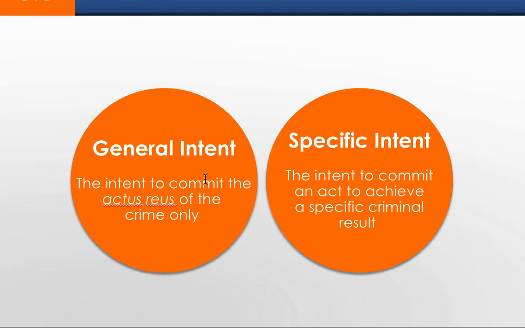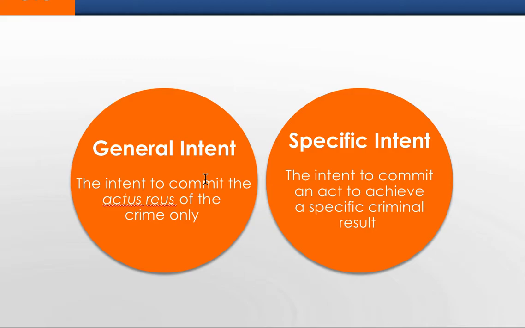So the intent, it's an intent description. General intent, specific intent. Again, we're looking here in the book, pages 78 and 79. Direct intent, transferred intent, oblique intent, general intent, specific intent. What you have in front of you, general intent and specific intent, are two of the most common ones.